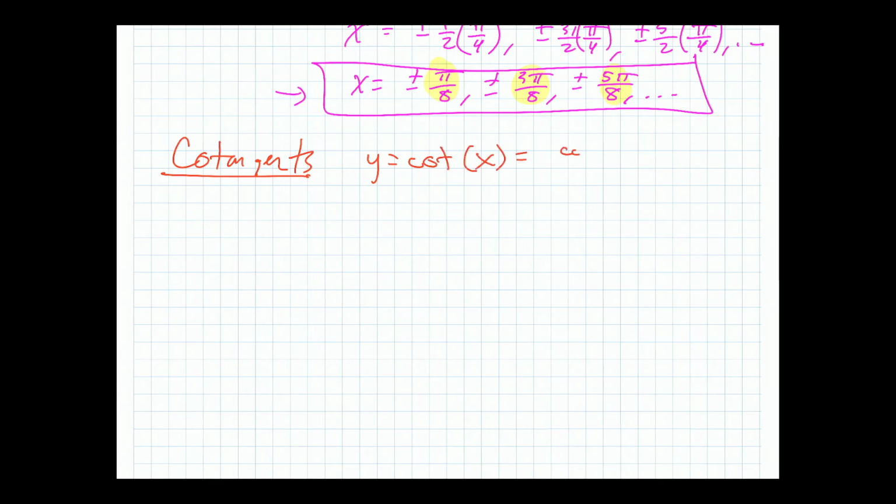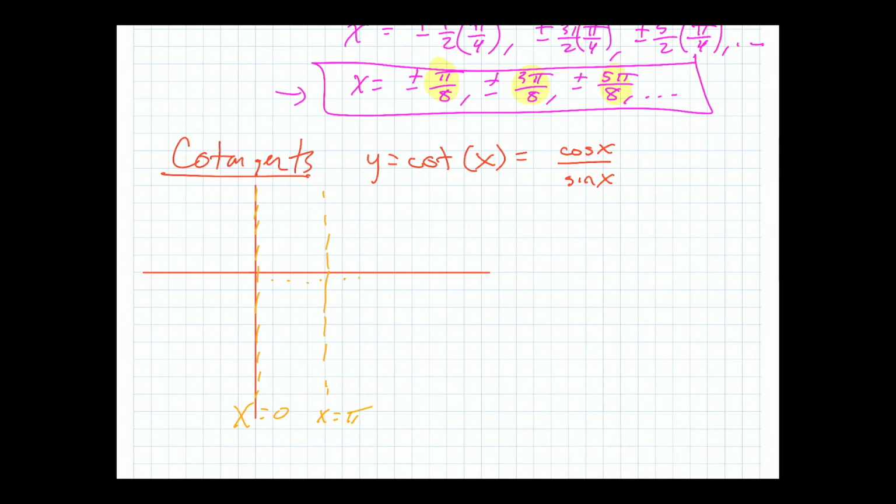Now, cotangent x is an upside down tangent, so it's cosine over sine instead of sine over cosine. That means everything is basically reversed. So what's going to happen when you look at it, I'll draw a picture and then we'll talk about the picture. 0, 1, 2, 3, 4.